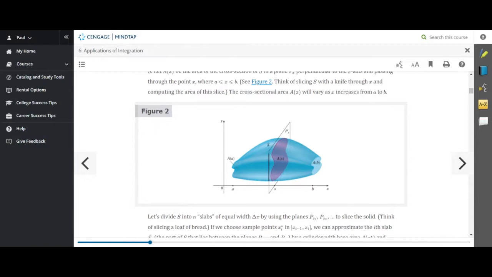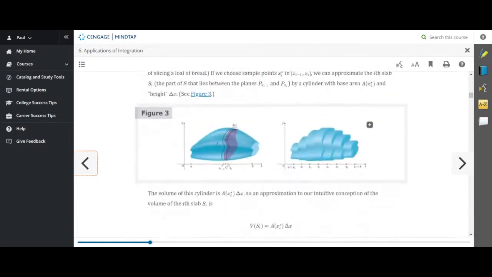Now, what if we wanted to find the volume? If we were to divide this solid S into slabs, or slices, then what we would have is what you see here in figure 3. In the first picture, you have a slab, or a slice of this volume, with width delta x and cross-sectional area A of x.